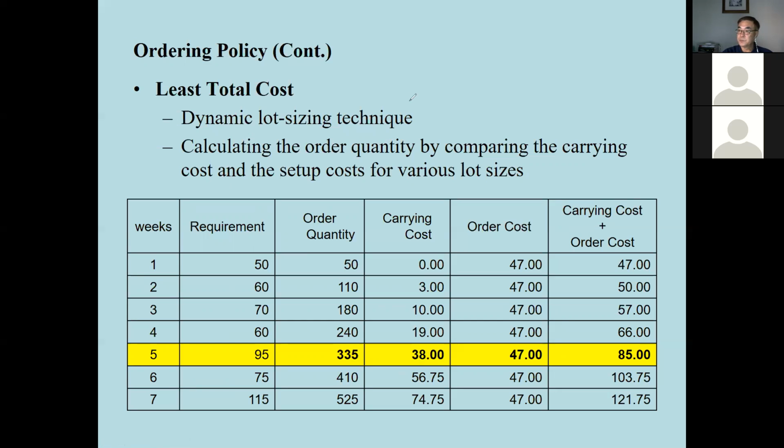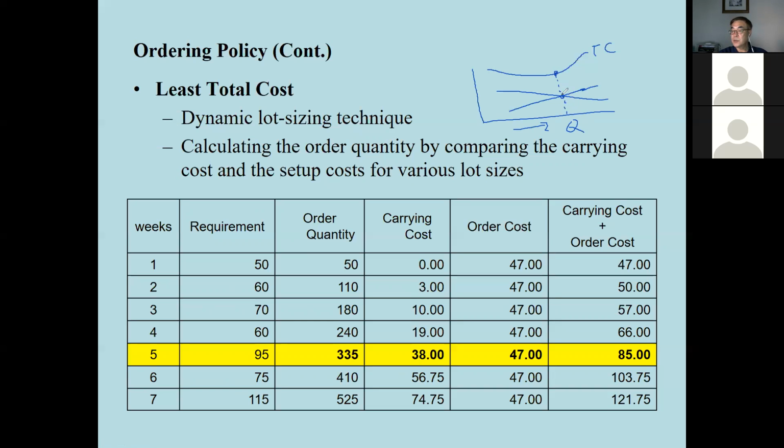I don't know if you remember this one, the total cost curve, and the lowest total cost quantity. Increase order quantity, then total cost decreases, and then increases. So this is the lowest total cost point.